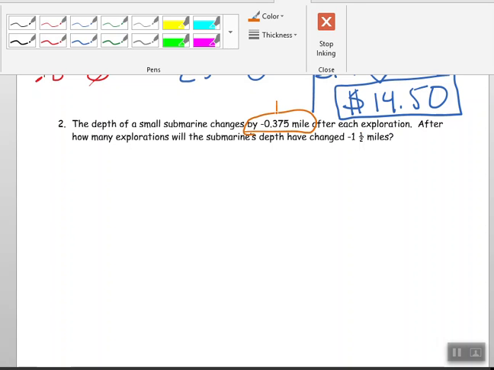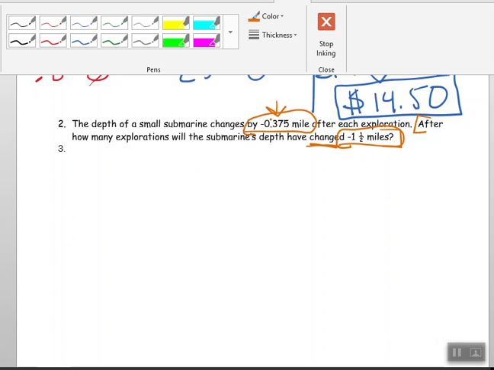So that means it's going down. After how many explorations will the submarine's depth have changed by 1.5 miles?